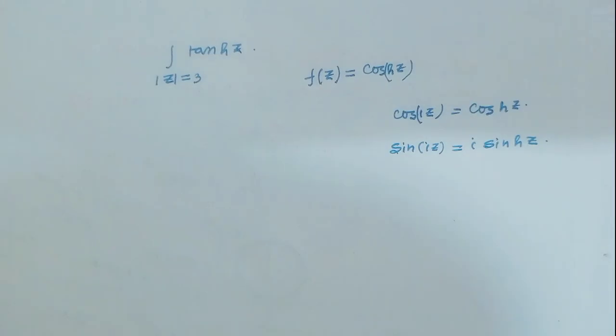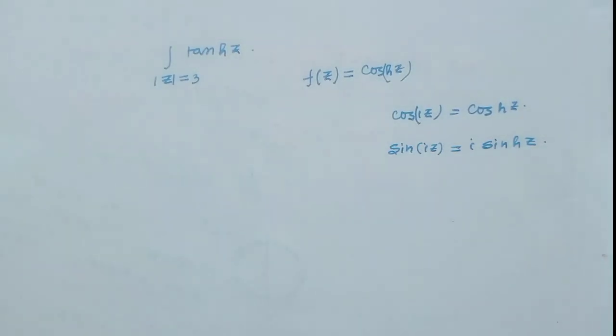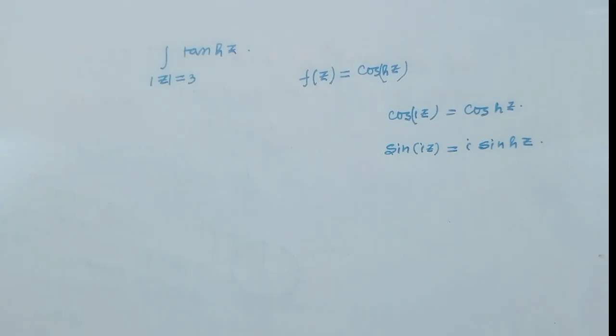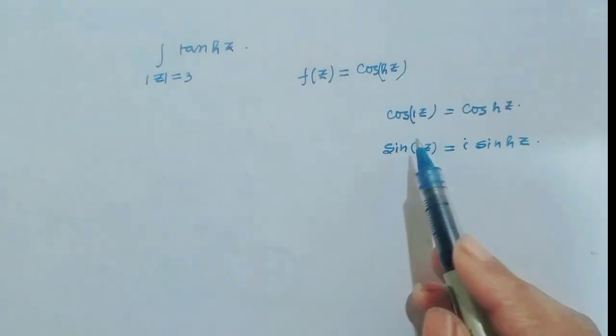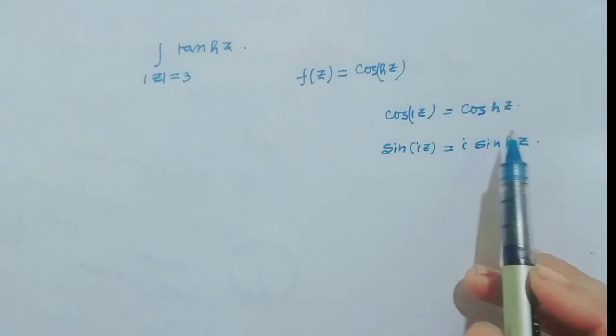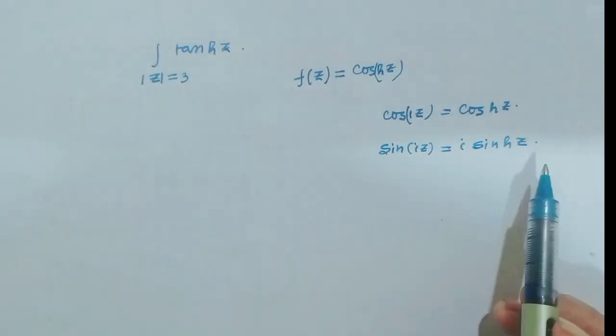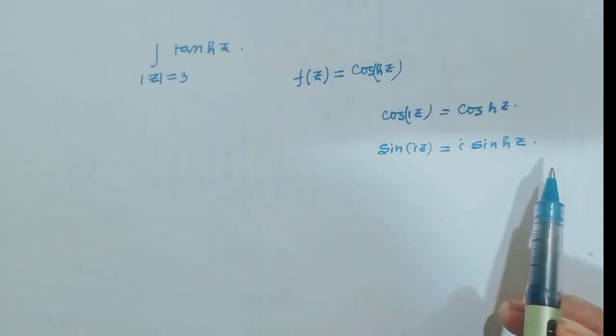Next question, not tangent. Here tan hyperbolic z around the circle mod z equal to 3. Here f z equal to cos hyperbolic z, and we all know cos iz equal to cos hyperbolic z and sin iz equal to i sin hyperbolic z.